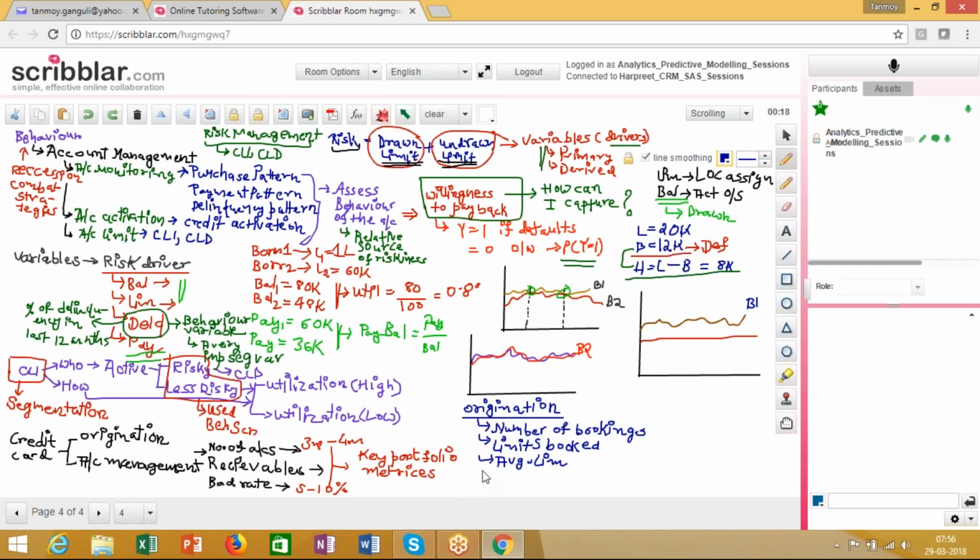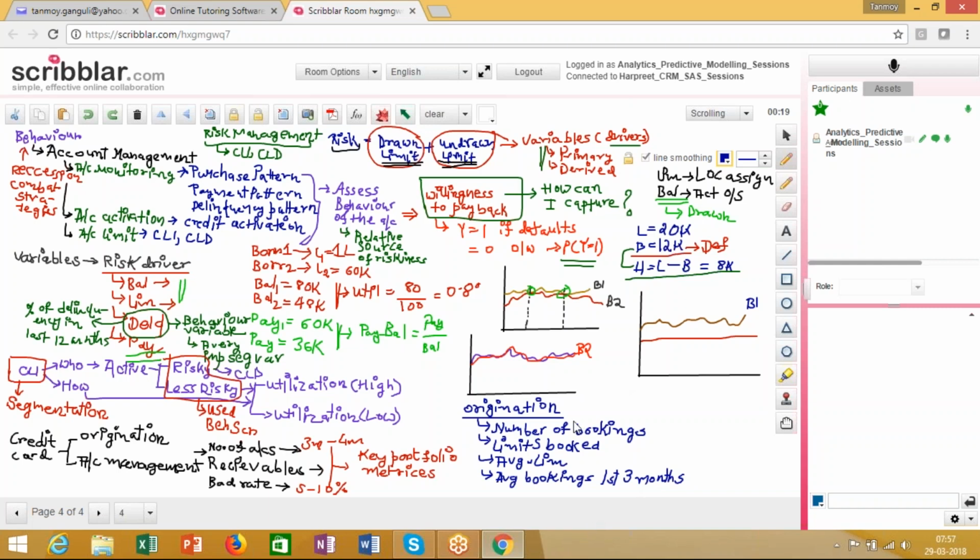So there are these different matrices. From here you can find out average bookings over the last 3 months, average booking last 6 months, last 9 months, like this.